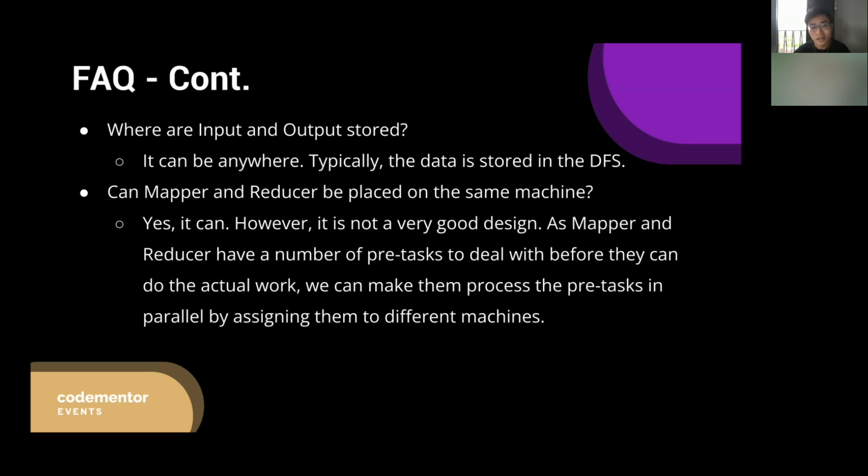However, this is not a very good design, as mapper and reducer have a number of pre-tasks to deal with before they can do the actual work. We can make them process the pre-tasks in parallel by assigning them to different machines to improve our overall performance.